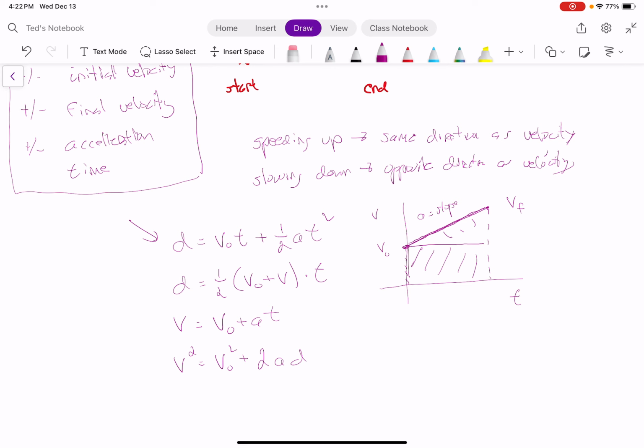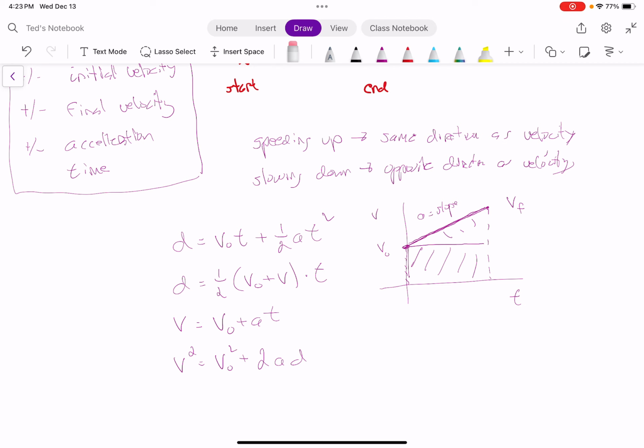And the rectangle has a height of v0 and a width of t, so v0 times t, and the triangle has a width of t and a height of at, and the formula for the area of a triangle is 1/2 base times height. So that equation is just finding the area under this curve, a rectangle plus a triangle.